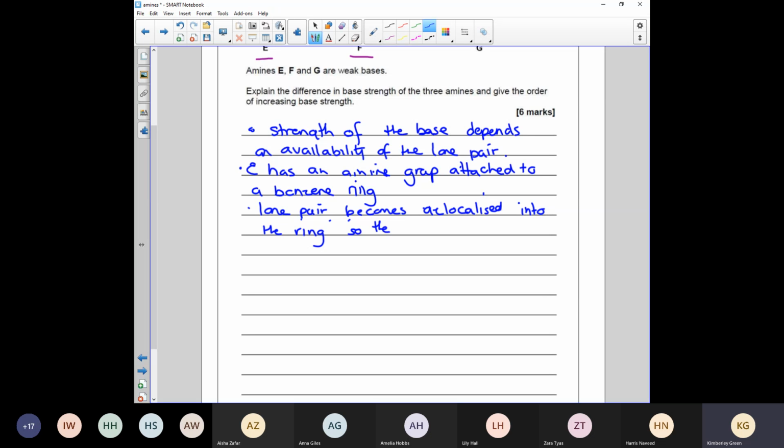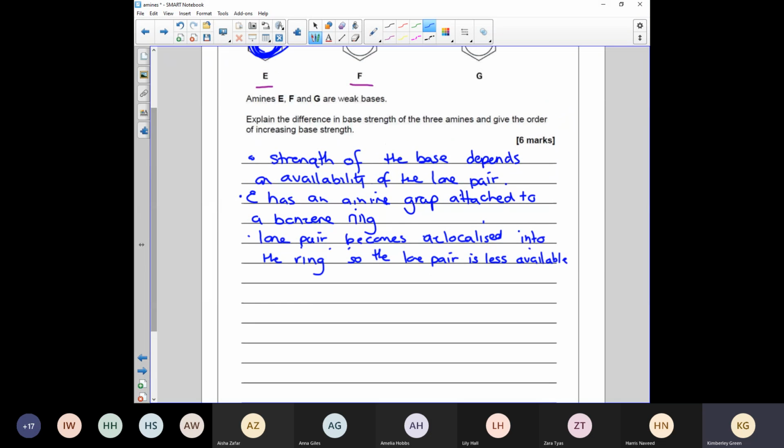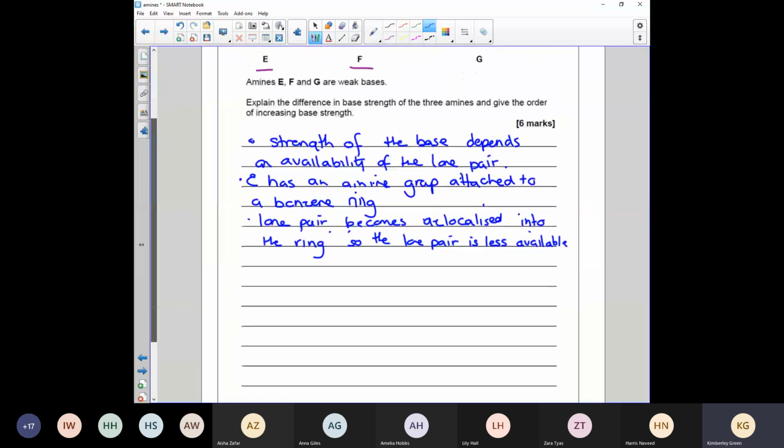The lone pair is less available. That lone pair is now part of the delocalized ring party, so it's got no time for any hydrogen ion coming past. It's having too much fun with its little delocalized friends. It will get involved with the hydrogen ion, but it's less available to do so.